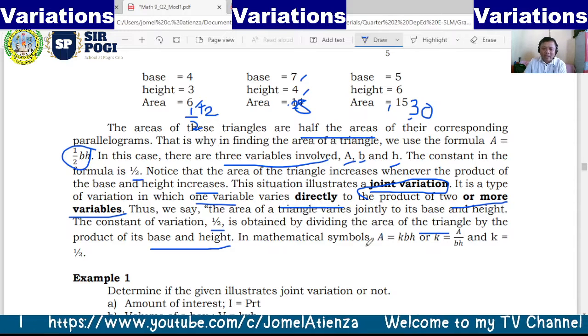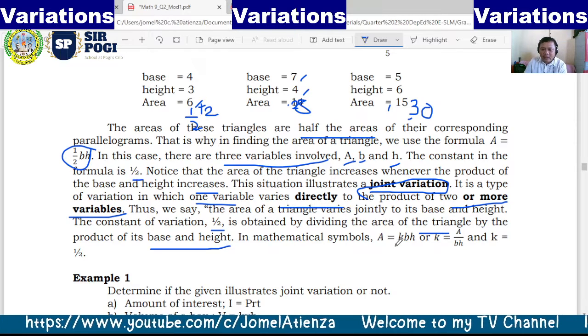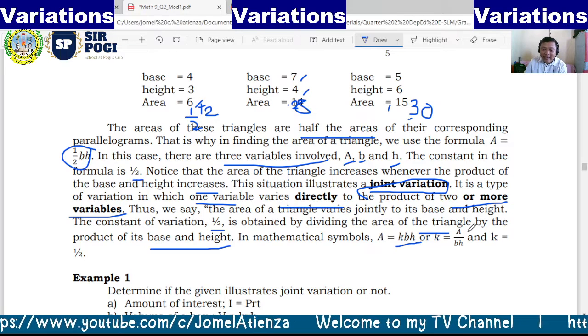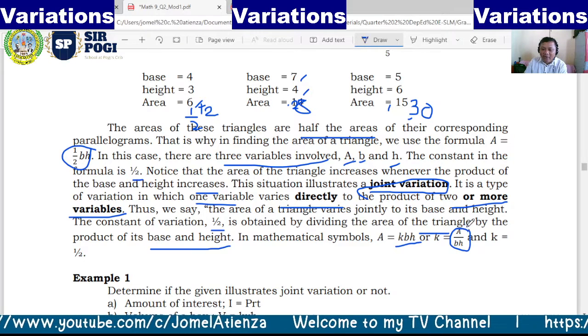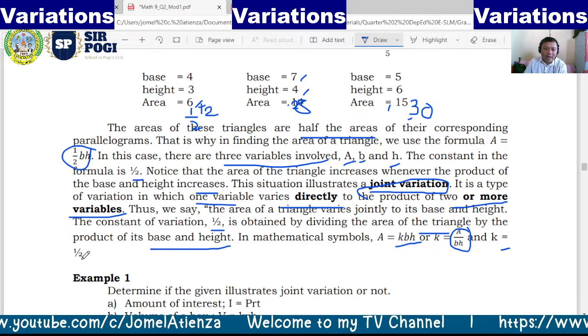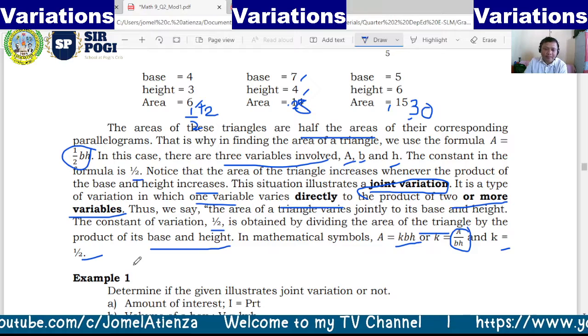So, in mathematical symbols, A is equal to KBH, or K is equal to the area over BH, and the value of K is 1 half. Okay?